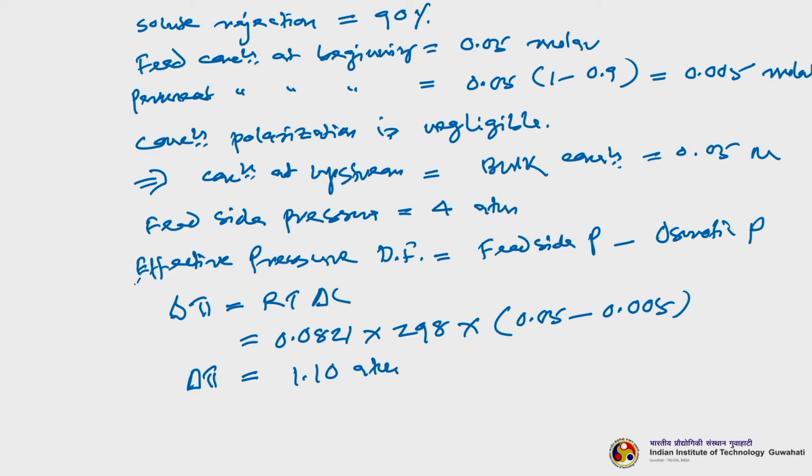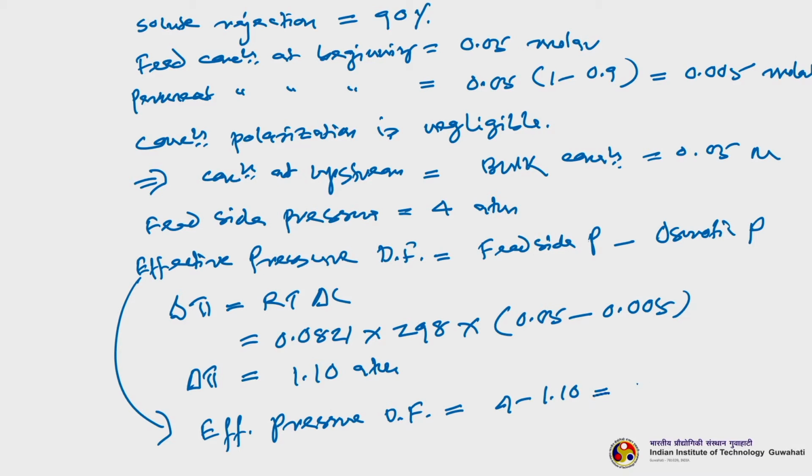So, your effective pressure driving force becomes feed side pressure, which is 4 atmosphere, 4 minus 1.10. So, it becomes 2.9 atmosphere.